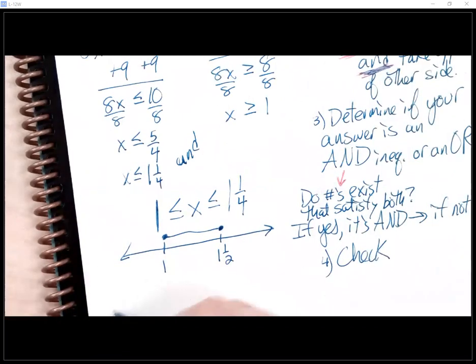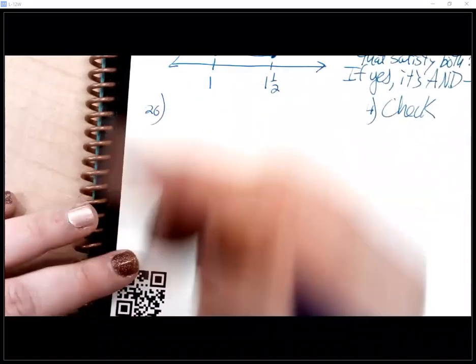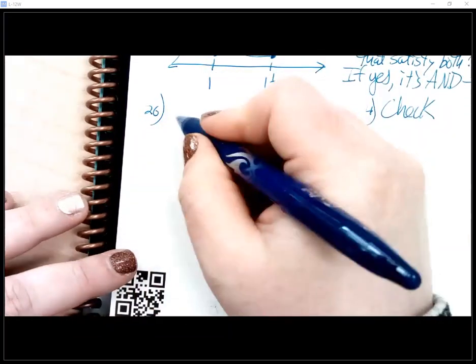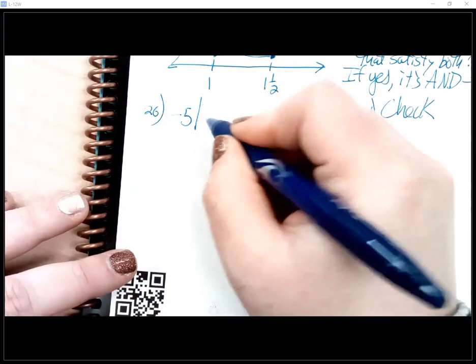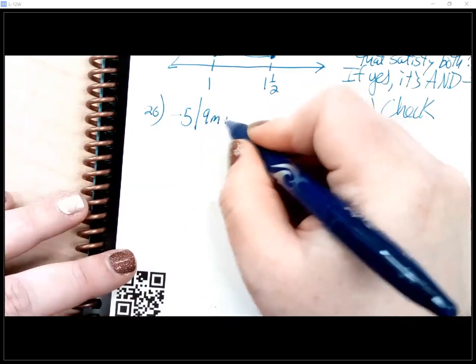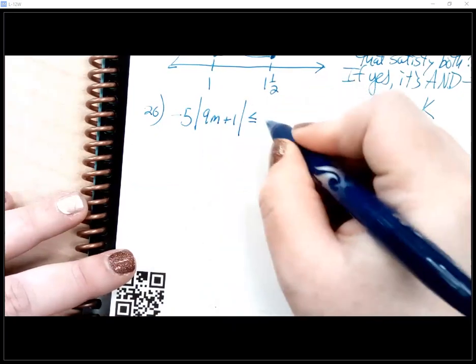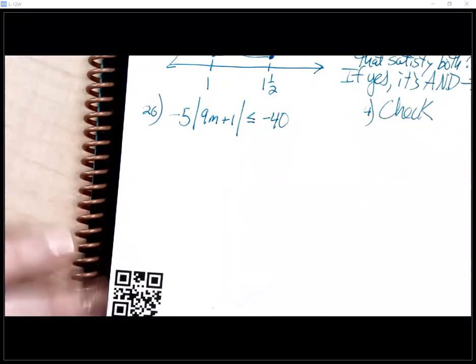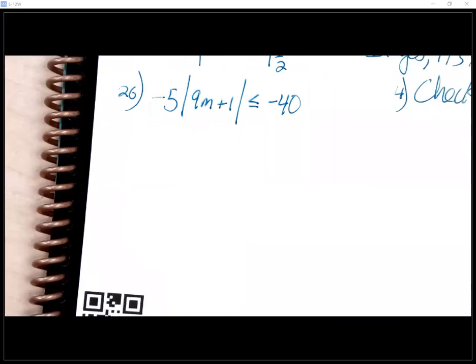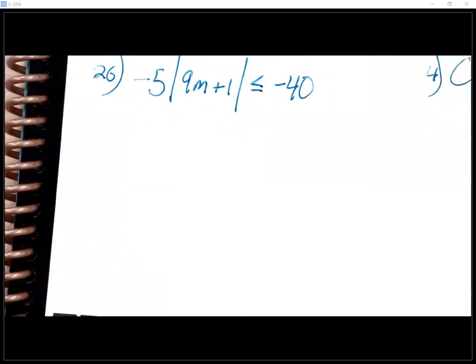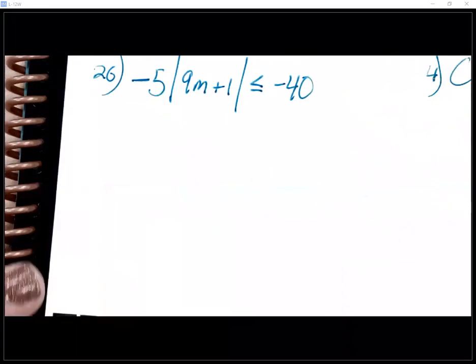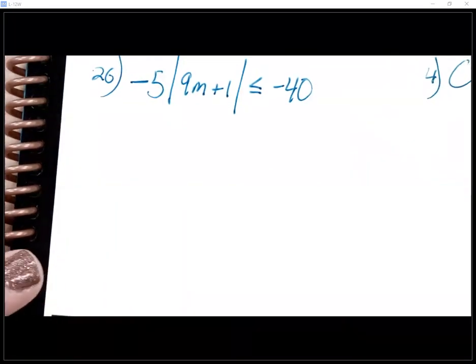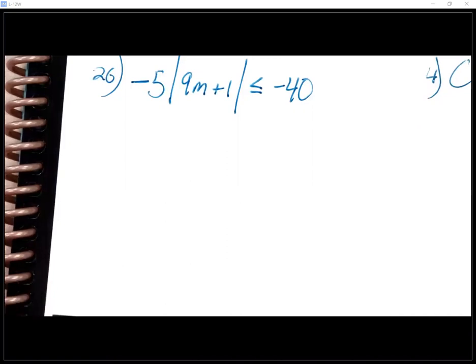So this is number 26 on that sheet from last night, if you're following along. It looks like this: -5 times the absolute value of 9m plus 1 is less than or equal to -40. All righty, so what should I do first?